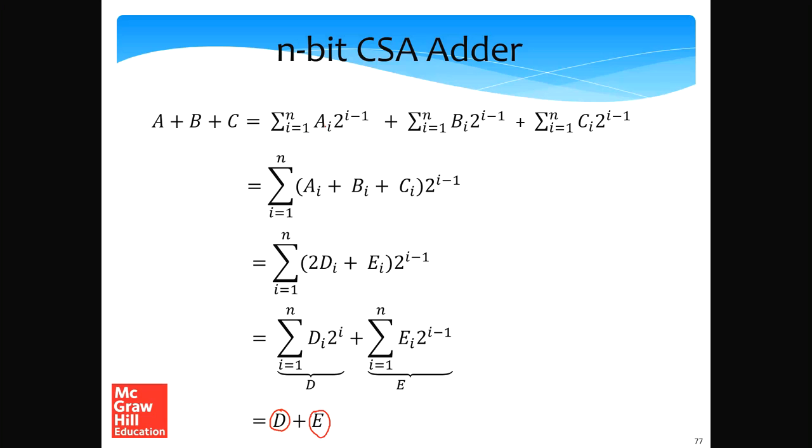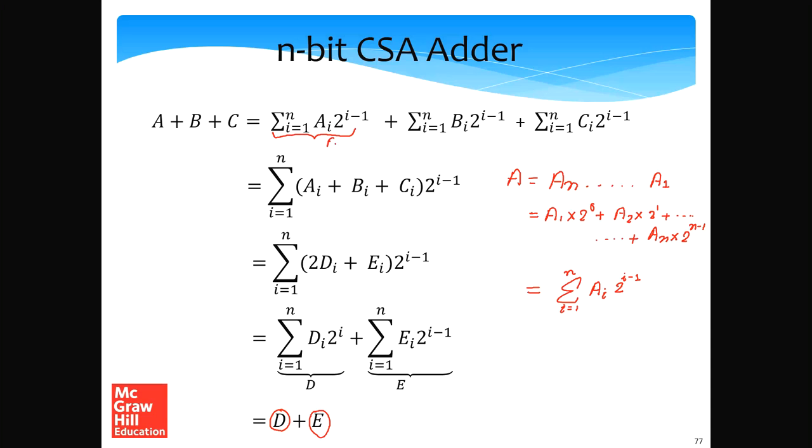Let the bits in A be A1 to AN, so the number A is AN to A1. This number here is A.